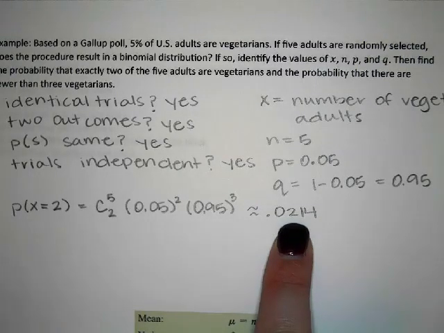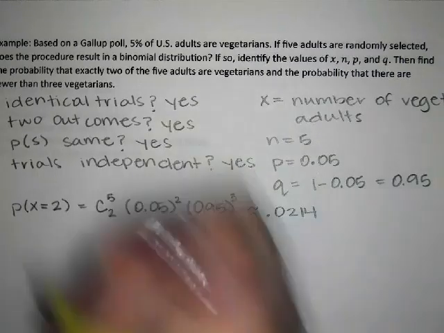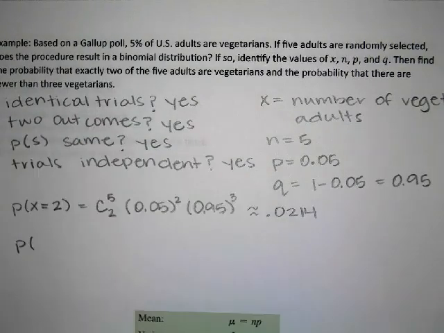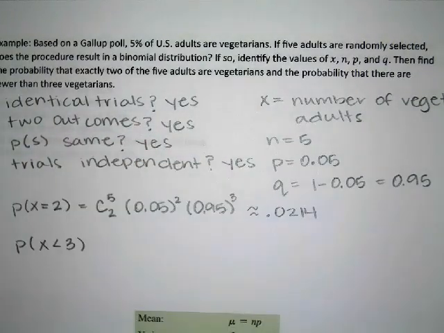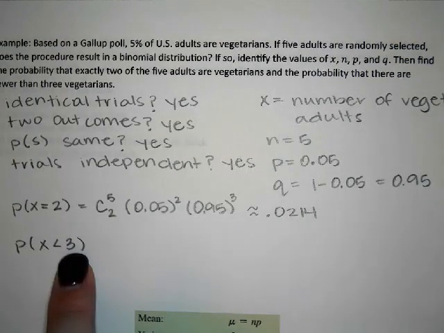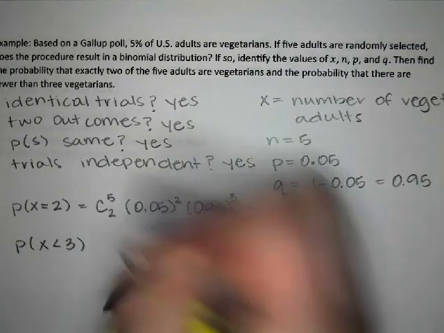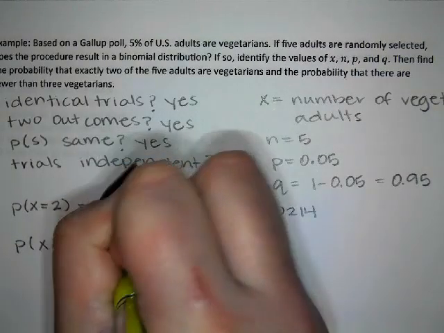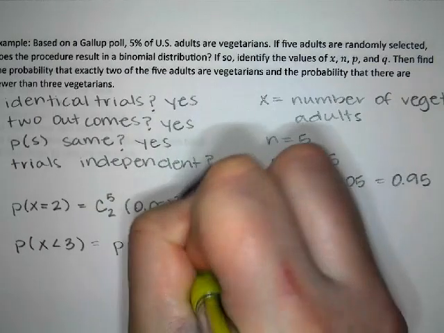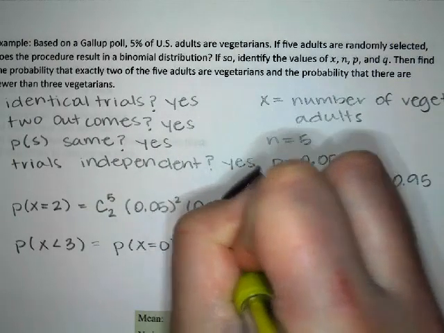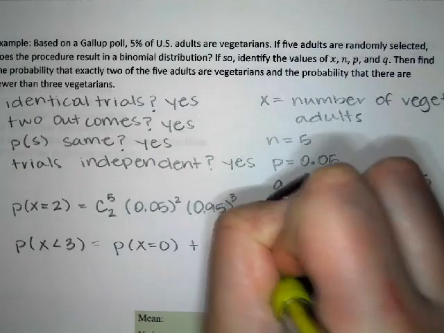Next, it says, what is the probability that there are fewer than 3 of the adults who would be vegetarian? So this is going to be multiple probabilities added together. So fewer than 3 adults would be the probability that 0 of the adults are vegetarian, plus the probability that 1 of the adults is vegetarian, plus the probability that 2 of the adults are vegetarian.